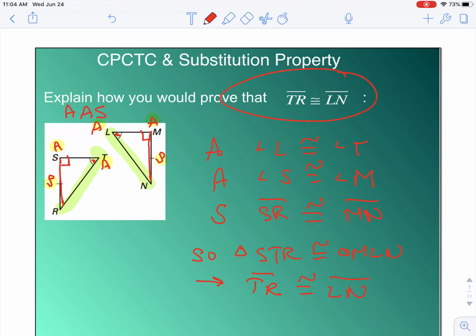Again, that's what we needed to prove, but we needed to prove the triangles were congruent first. And then, once we have the triangles are congruent, we use CPCTC, because corresponding parts of congruent triangles are congruent.